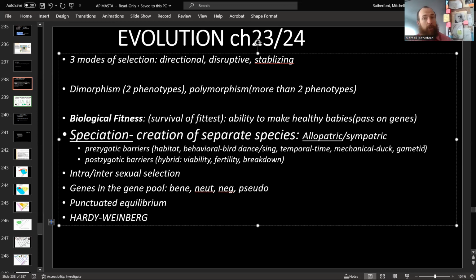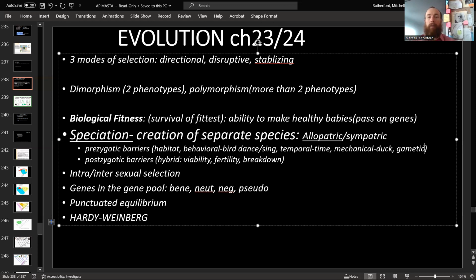For humans, you've got to have 23 in the sperm, 23 in the egg, kaboom, right? A chimpanzee, I think, has 24 chromosomes. If you put a chimpanzee sperm with a human egg, it's not going to form a zygote. So that would be a pre-zygotic barrier if it just can't actually happen.